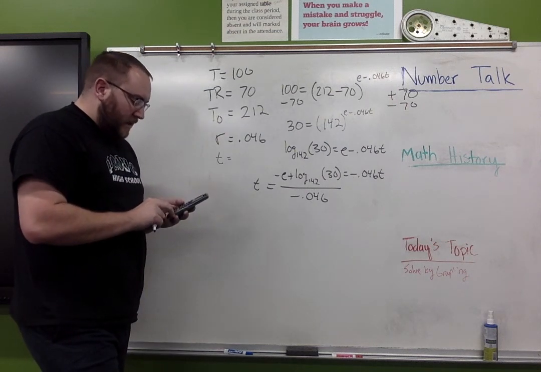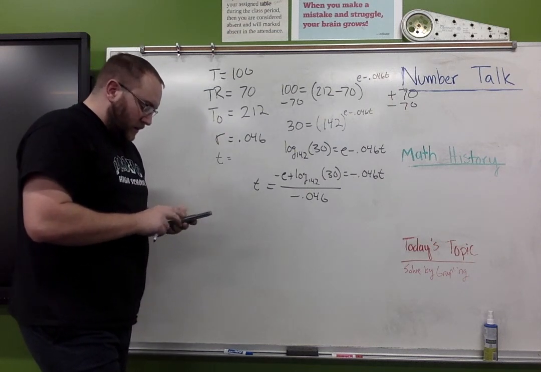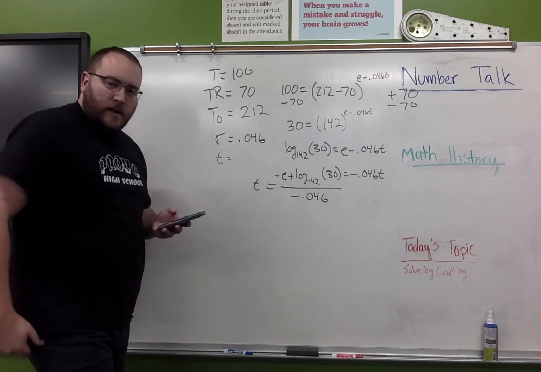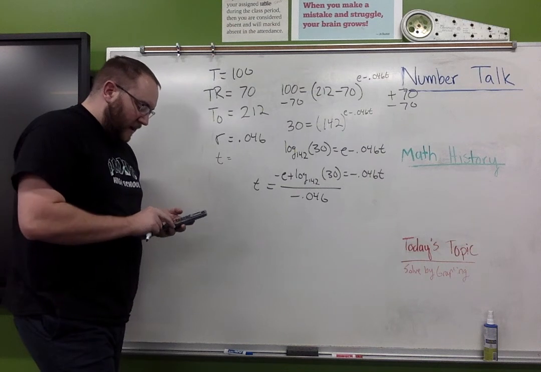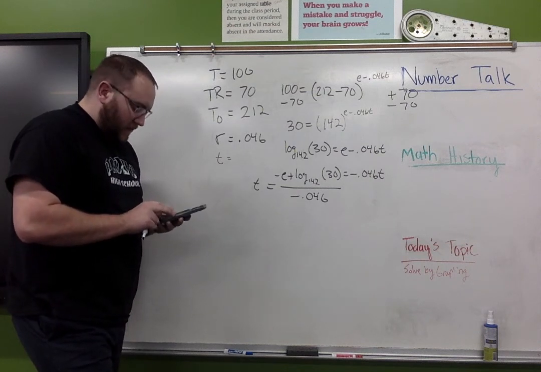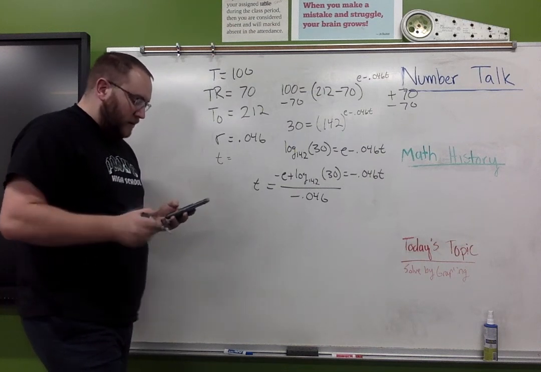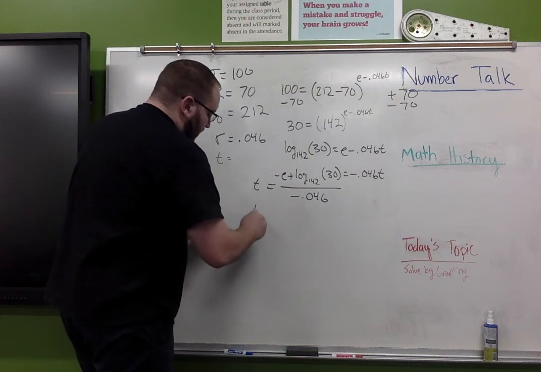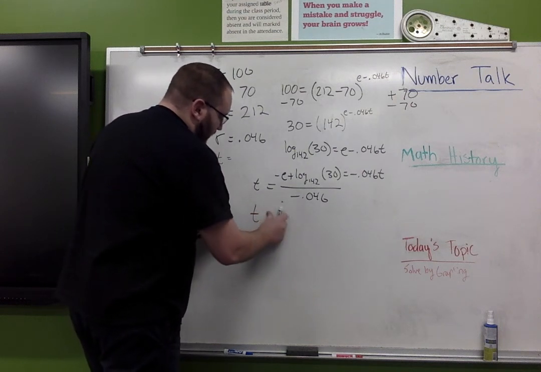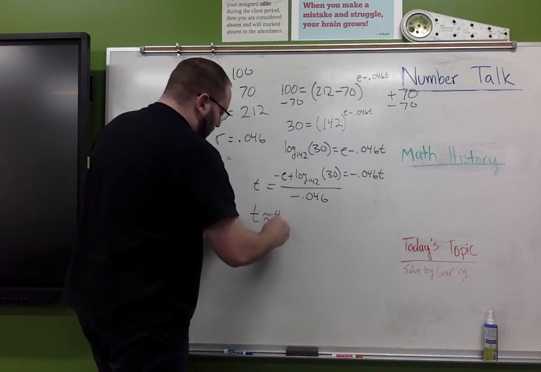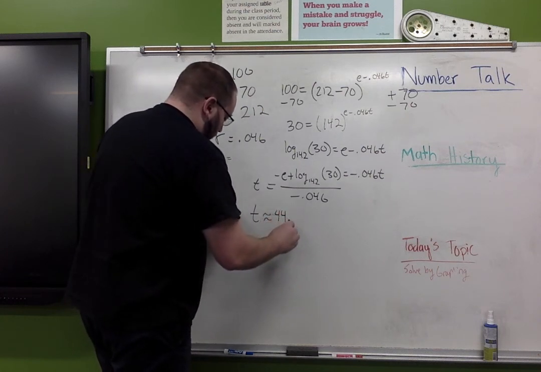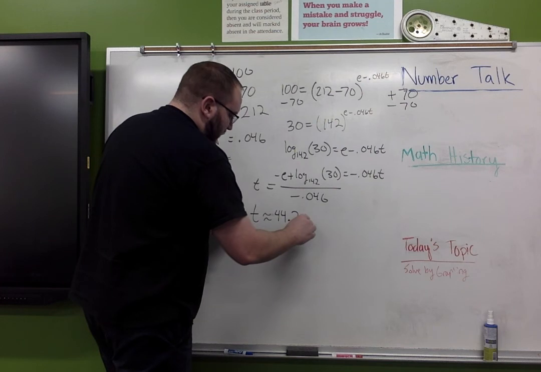Now I'm going to subtract, so now I have negative 2.03197915, and then divide by negative 0.046. I get t is approximately, because we're rounding, 44.2 minutes.